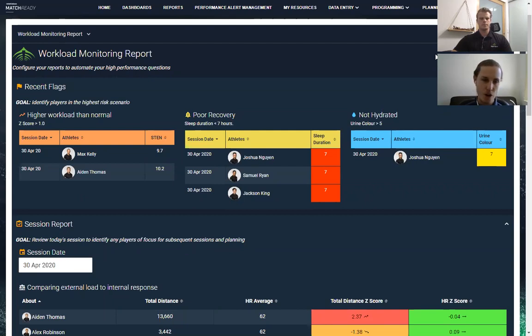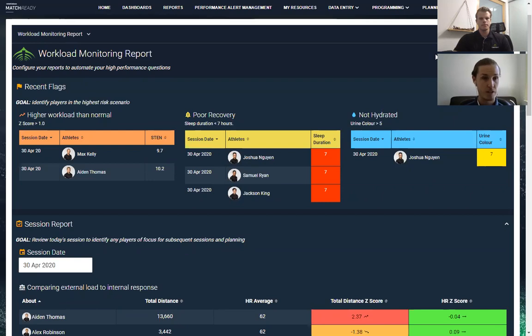I guess our common goal as practitioners in this space is to save time, to be more efficient, to automate those high performance questions we have on a daily, weekly, monthly, seasonal basis, and really configure these in a way that suits us as the scientists, but also our audience as well. Whether that's your coaches, your medical staff, whoever that may be, that really is going to determine the complexity of these reports and how we want these to look.